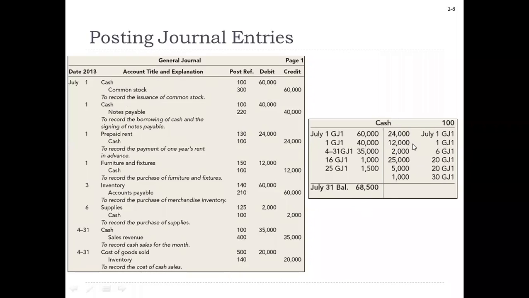The reason we accumulate all this is so that we can end up with a balance at the end of the period, and it's easier to find the balance if you're accumulating all of the similar types of transactions on a single page. So we know that we ended up the month with $68,500 in cash. Okay, so that's posting, transferring information from the journal to the ledger.